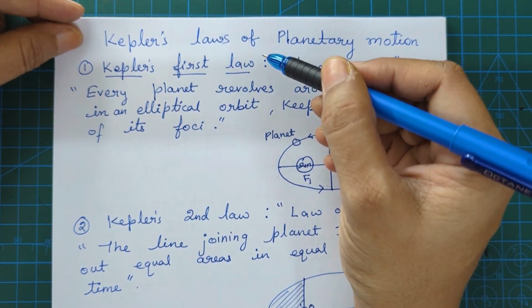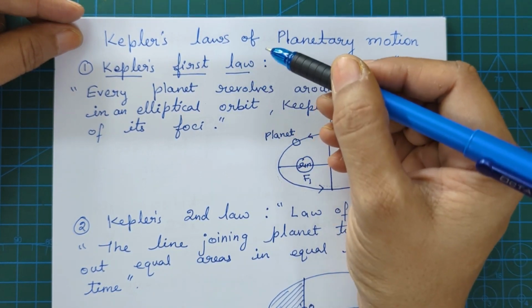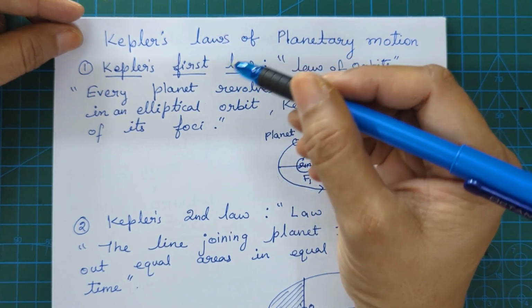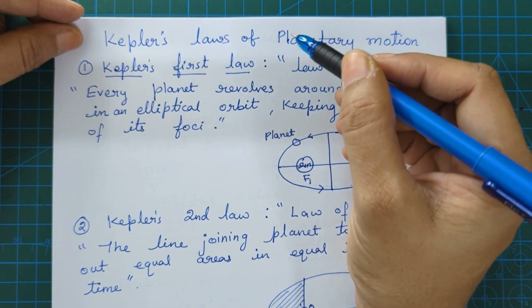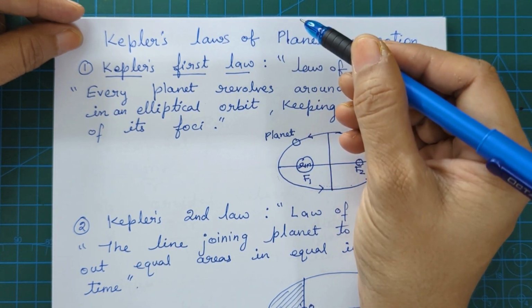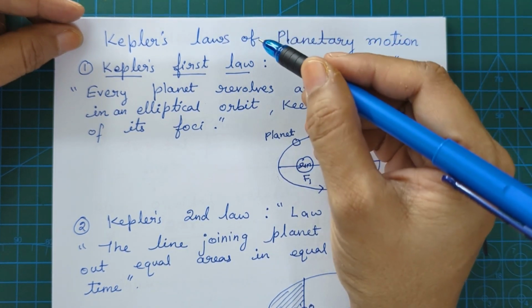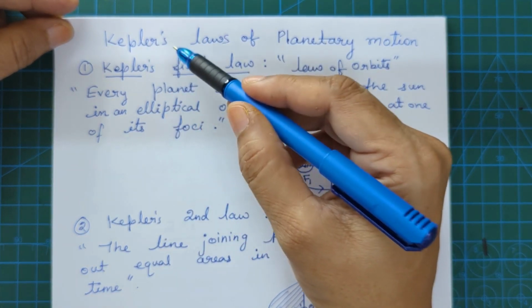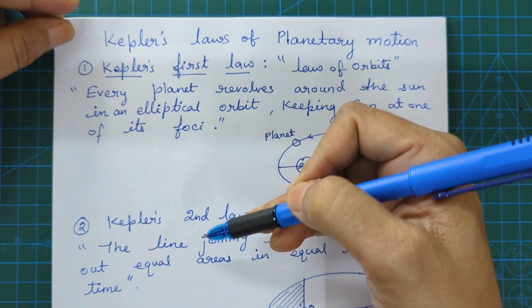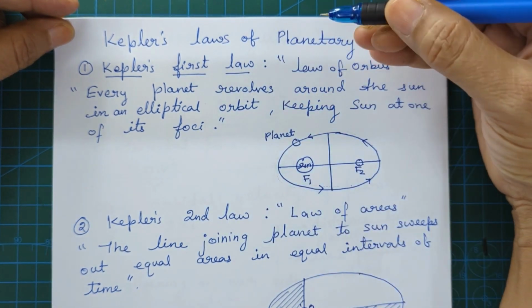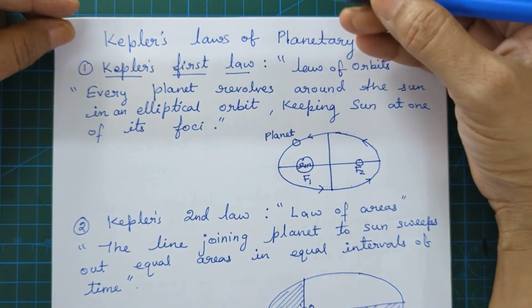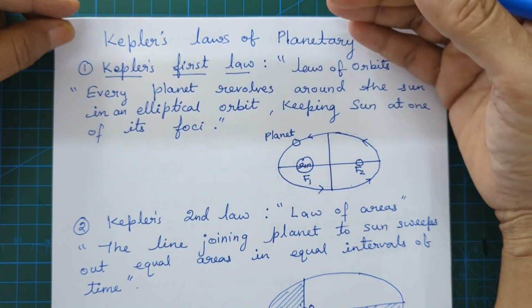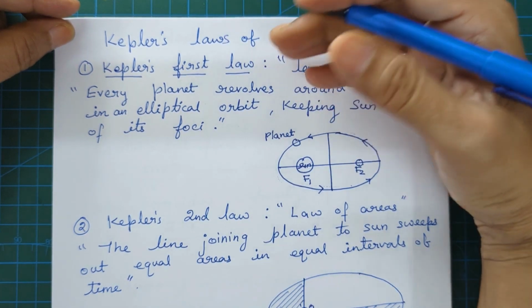Copernicus' sun-centric theory was further claimed true by Galileo, because Galileo was the first person who discovered the telescope, and through his observations through the telescope, Galileo said the sun-centric theory is true. After Galileo, it was Kepler who, through his laws of planetary motion, further proved the correctness of the sun-centric theory. Means the sun is at the center of the solar system, and remaining planets and other celestial bodies revolve around the sun.